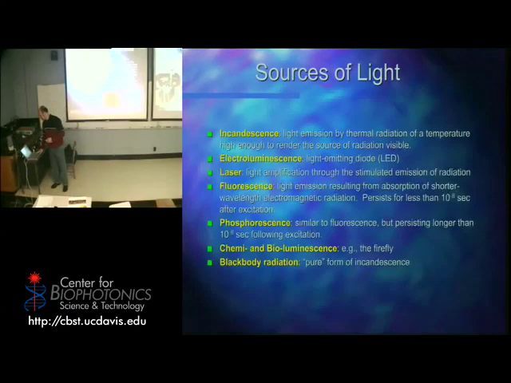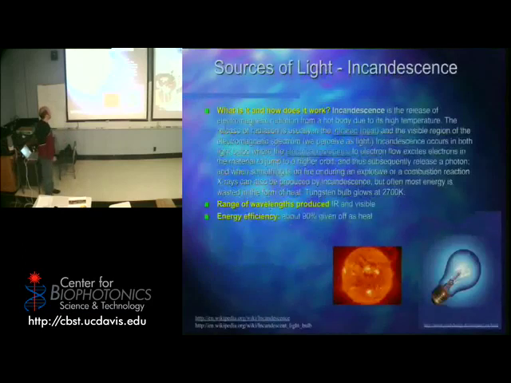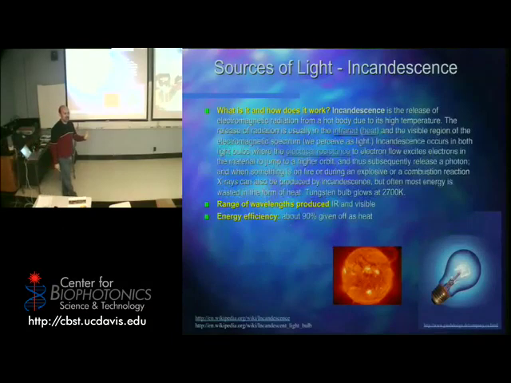Right? So, let's start off with incandescence. How does incandescence work? You basically heat something to a very high temperature. That heating causes a whole bunch of electromagnetic radiation to be generated, and depending on that temperature, different energies are given out.